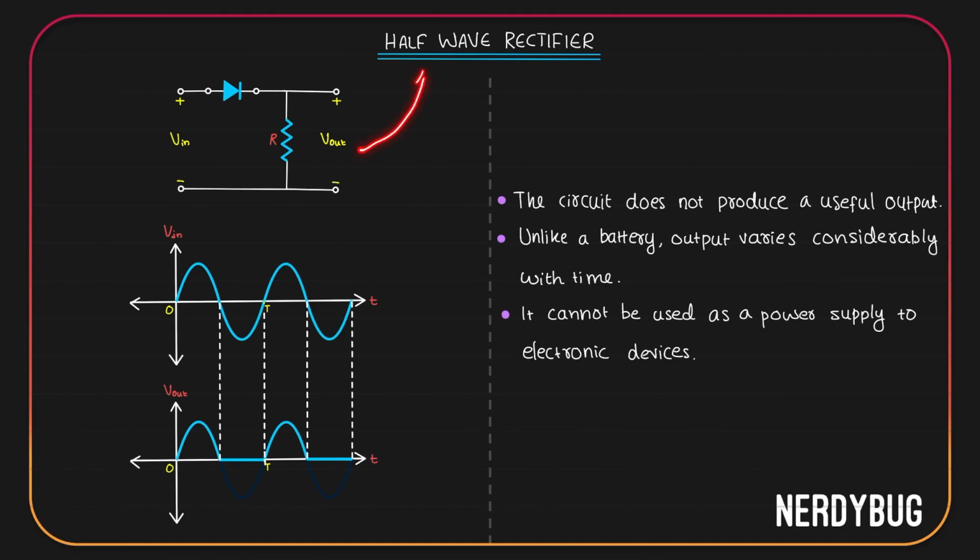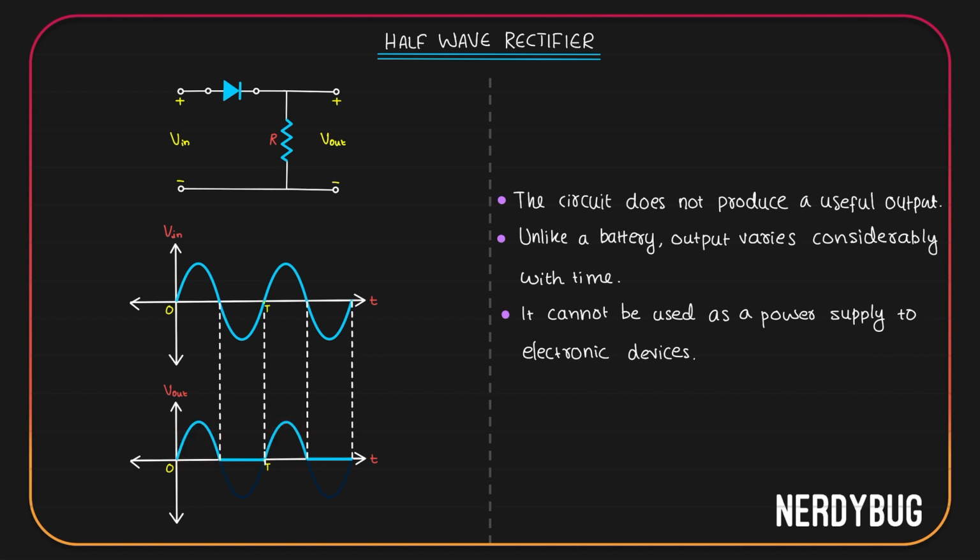So this is our half-wave rectifier circuit and this is the output that it gave us. Do you remember why we started this? Power was supplied to us in AC, but most of our electronic devices needed power in DC. So we decided we have to convert AC power into DC power somehow. But all the half-wave rectifier has given is an output that looks like this.